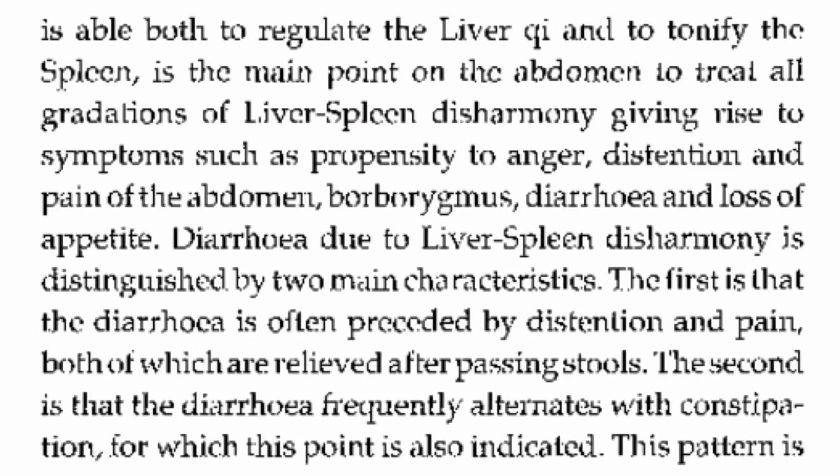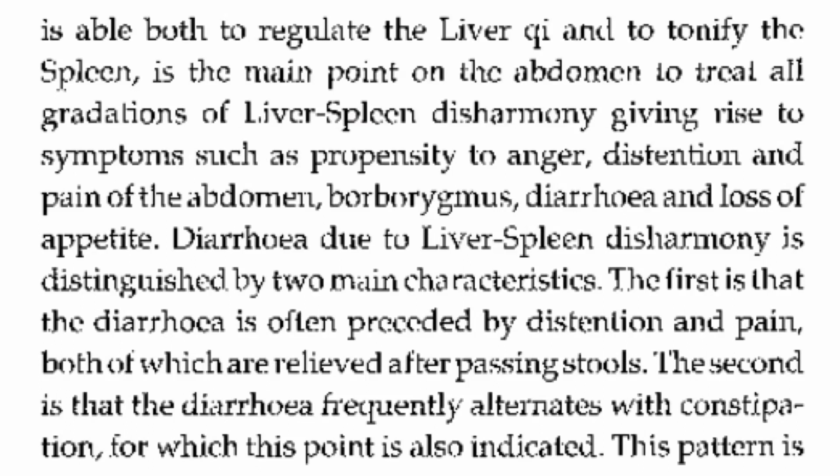Zhangmen LV13, which is able both to regulate the liver qi and to tonify the spleen, is the main point on the abdomen to treat all gradations of liver-spleen disharmony, giving rise to symptoms such as propensity to anger, distension and pain of the abdomen, borborygmus, diarrhea, and loss of appetite.